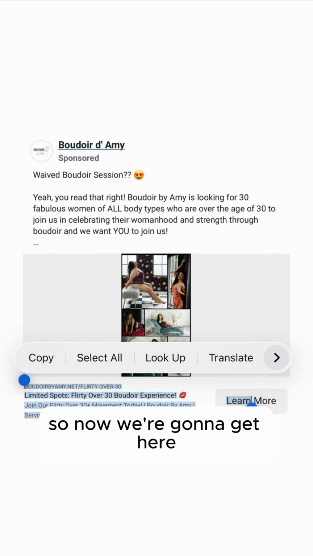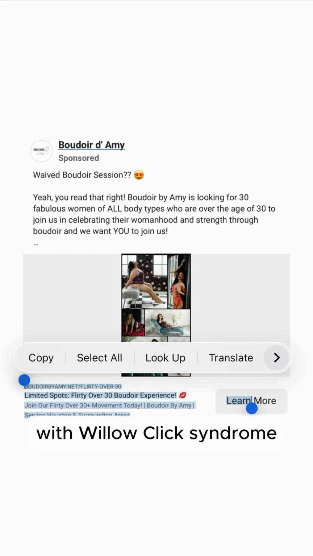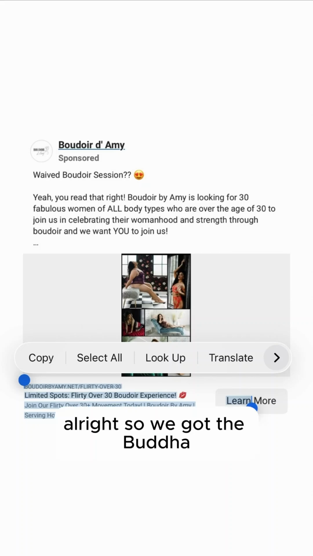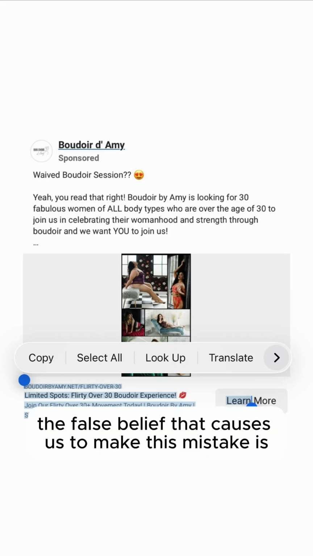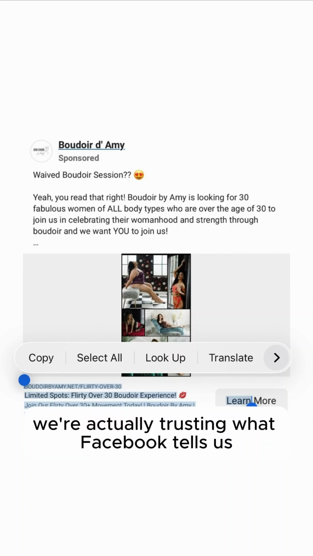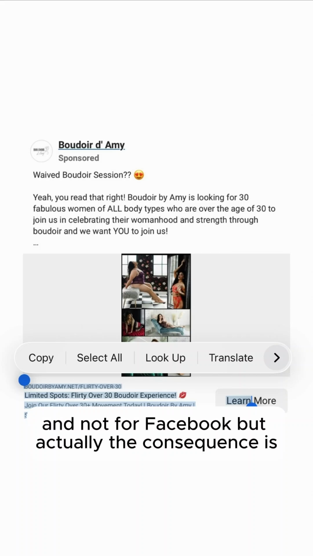So now we're going to diagnose this, if we believe it has Boudoir low click syndrome. First thing I'm looking at is the Boudoir below creative cluster mistake. The false belief that caused us to make this mistake is that we're trusting that what Facebook tells us to fill out for our ad is best for us, and not for Facebook.